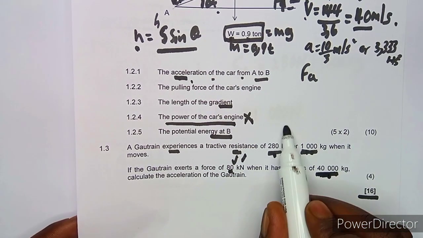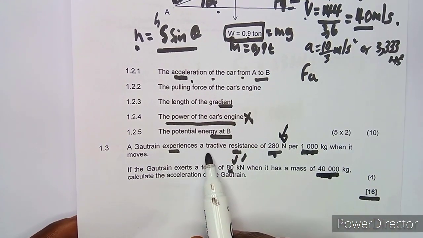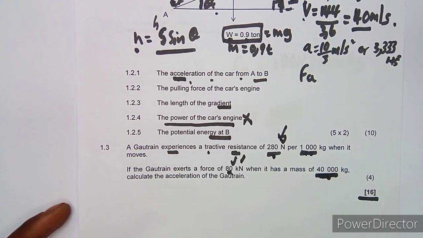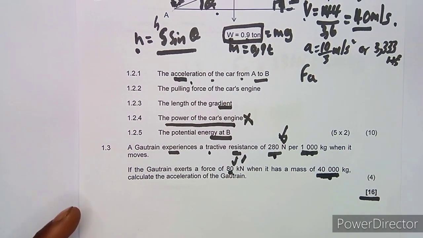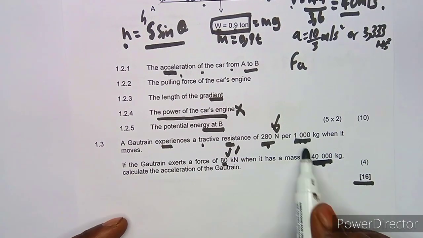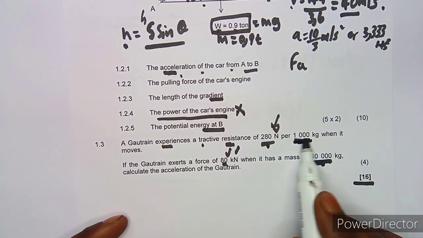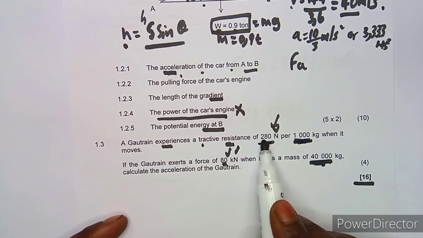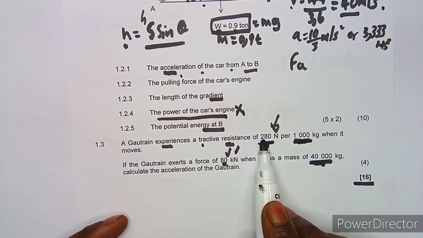So it is going to determine the tractive resistance, which in this case is the force. How is it going to affect? We are given that per each 1000 kg, we are going to lose 280 newtons.